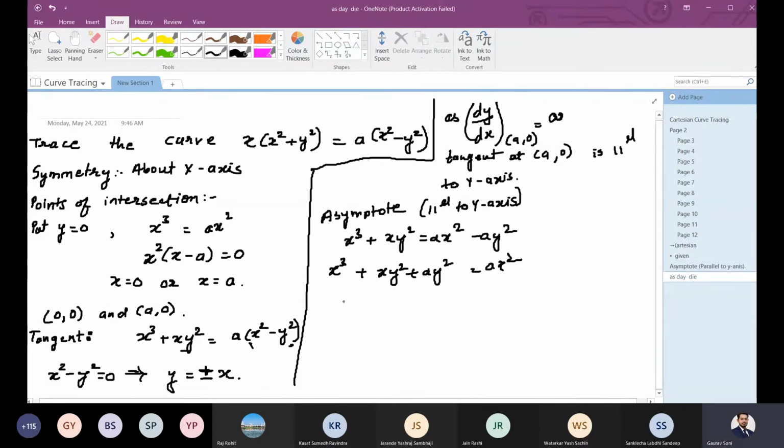So x cube plus x plus a into y square minus ax square equal to 0. Equate the coefficient of the highest power of y. What is the highest power of y? 2. And what is the coefficient? x plus a. So equate x plus a to 0. What do we get? x is equal to minus a. So there is an asymptote which is parallel to the y-axis.